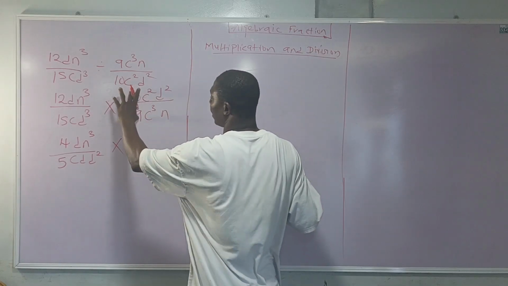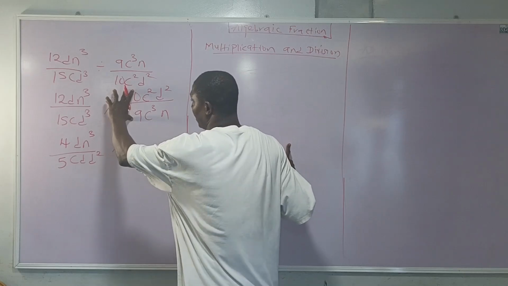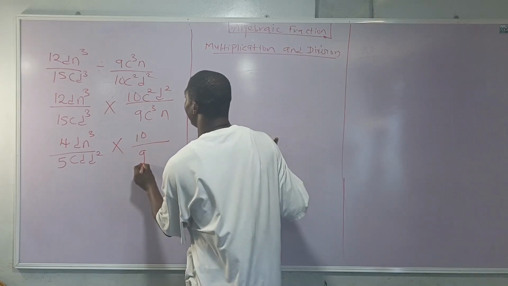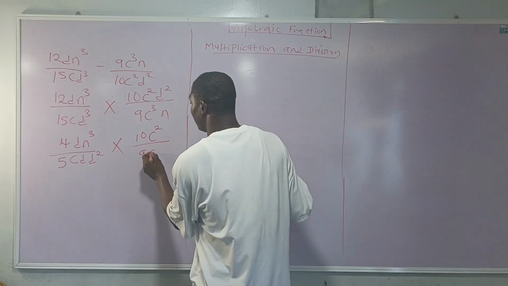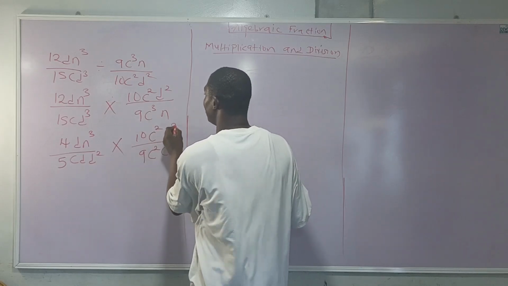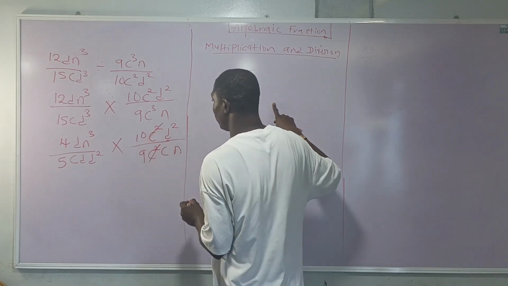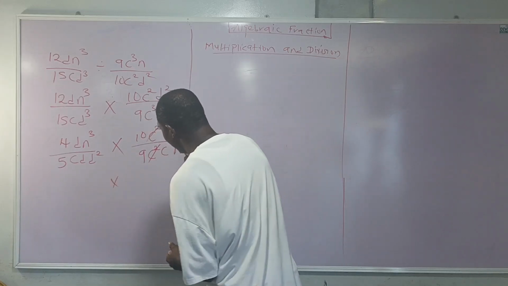Times, nothing can cancel out in terms of the numerator and the denominator, in terms of the numbers rather. So we simply write 10 over what? 9. This is c squared, this is c cubed. So I can say c squared c is same as c cubed. And we have d squared n. Now c squared can cancel c squared, and no other thing can cancel out at this right hand fraction.